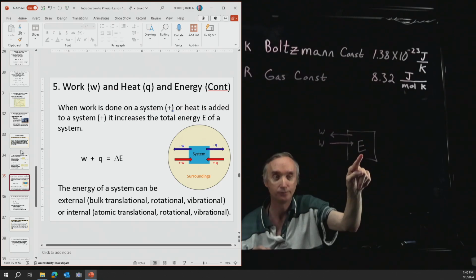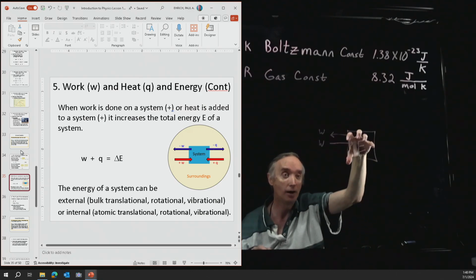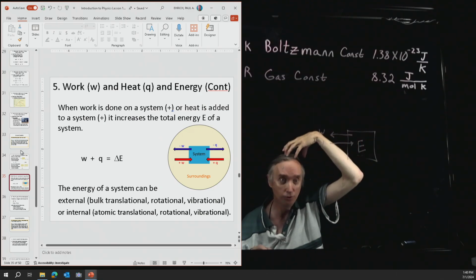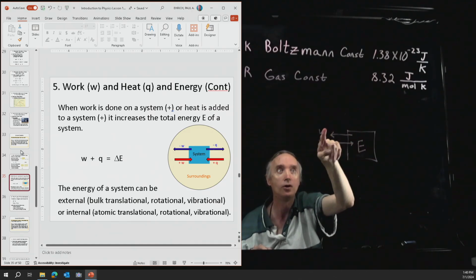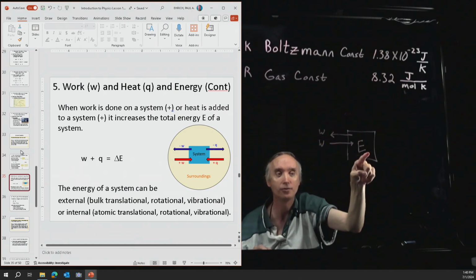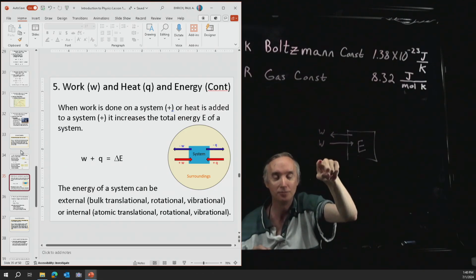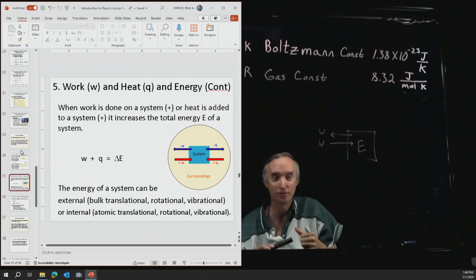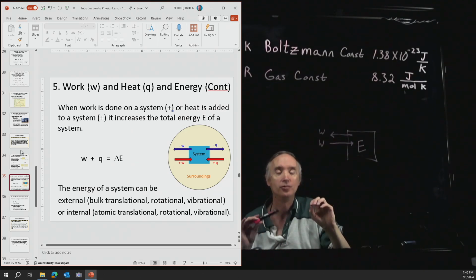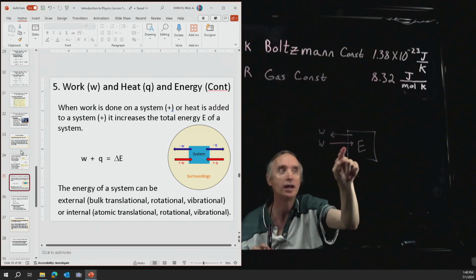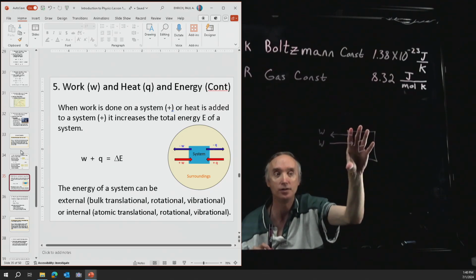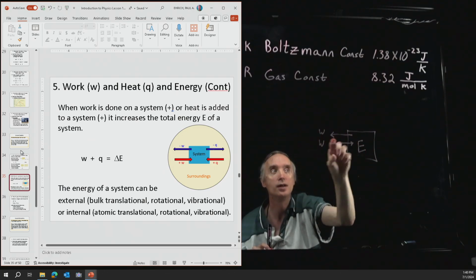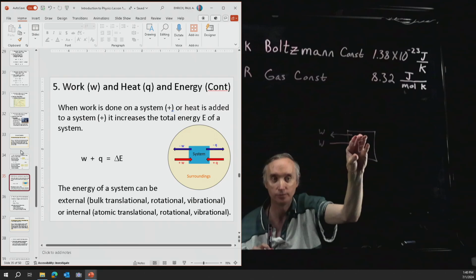On the other hand, if that box falls on you, then the box does work on you and gives energy to you, meaning it hits your head and it hurts. So work could either be added to the system and the energy could increase, or the system could do work on you and then the energy would decrease.